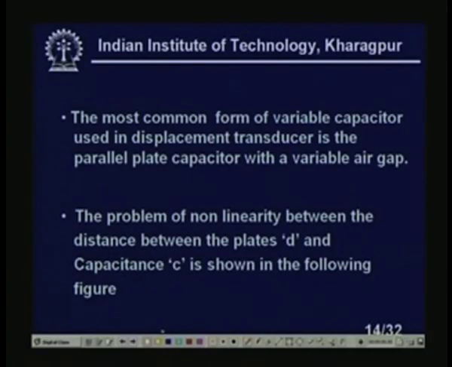We have seen that C equals epsilon naught epsilon r A by D, right.